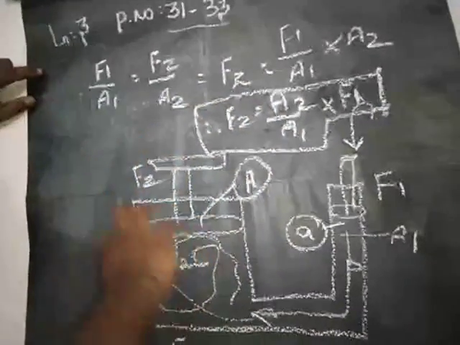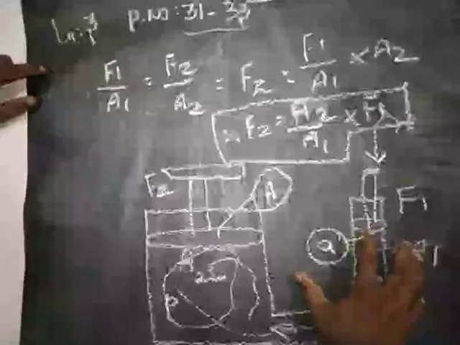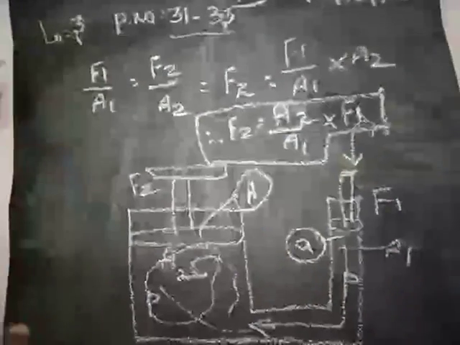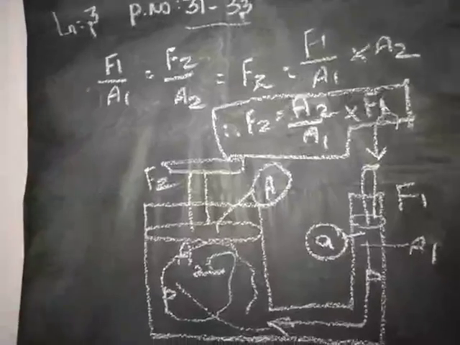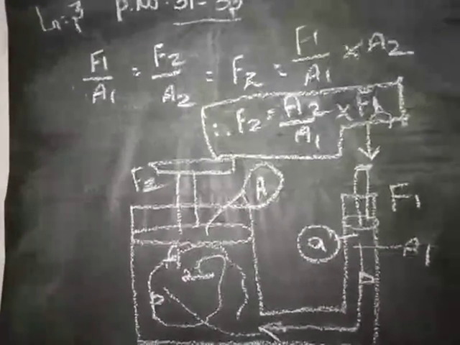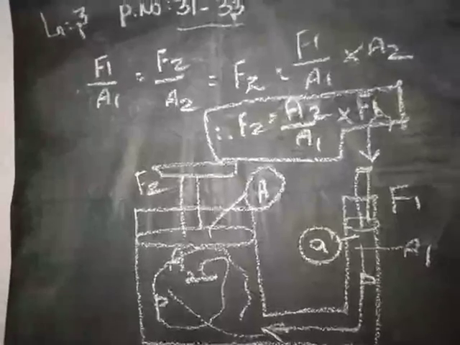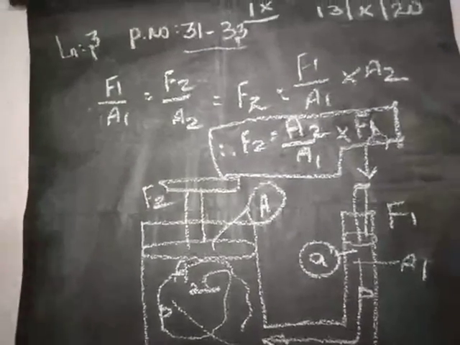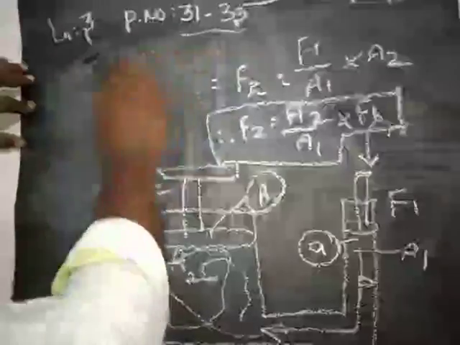The force acting on the larger area is greater than the force on the area of the small one. So F2 is greater than F1. Systems working this way are known as force multipliers. That's all about the hydraulic press.